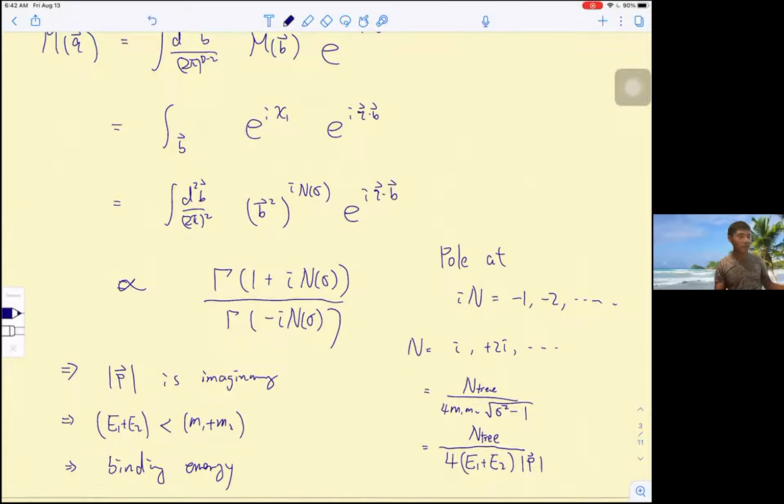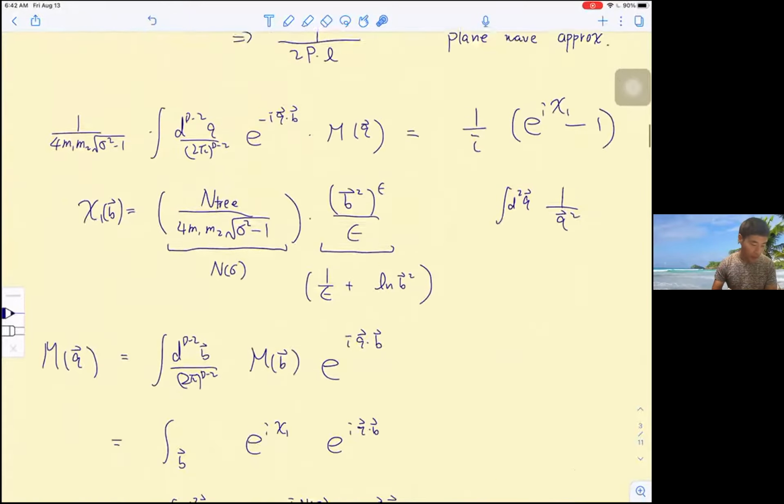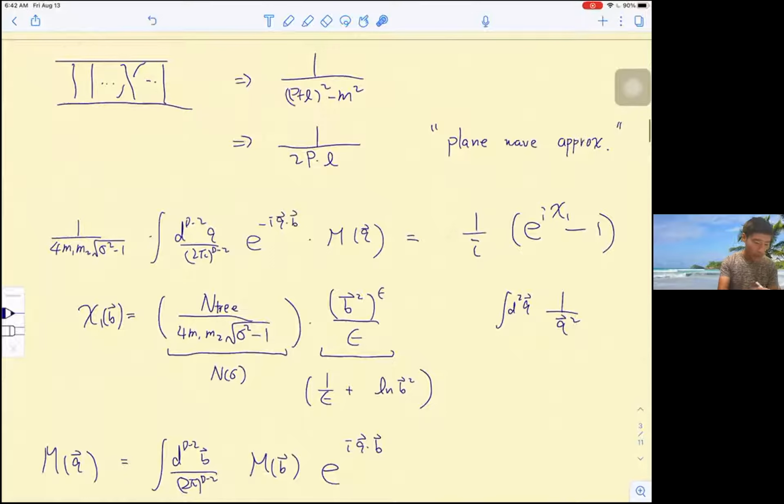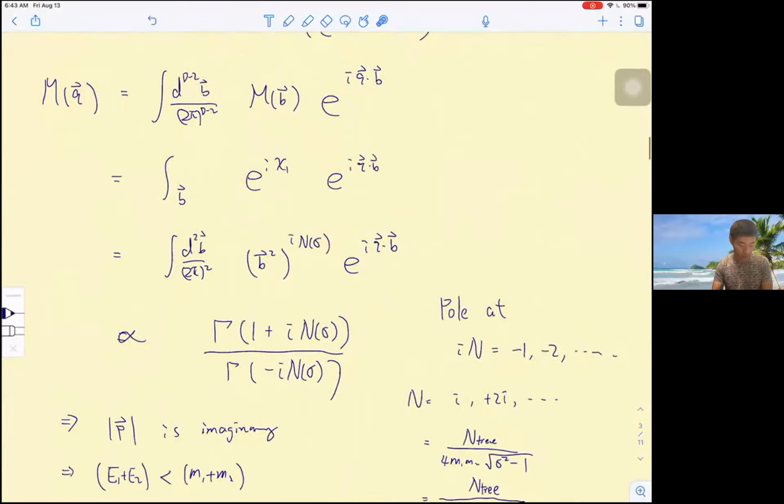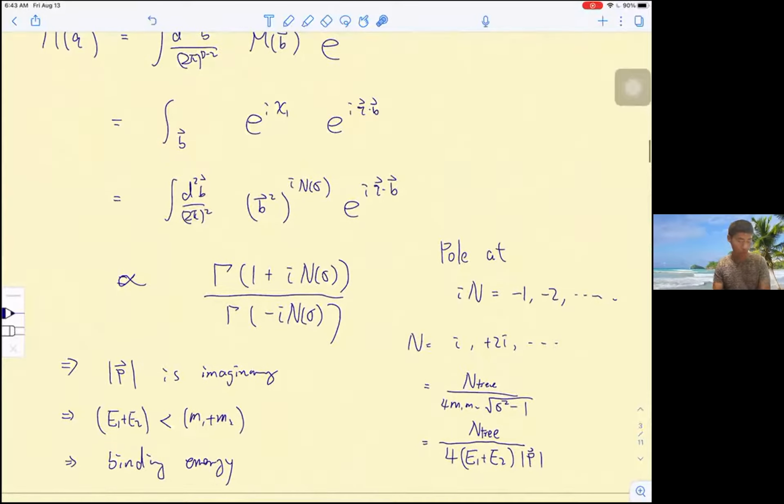This is something similar to what people in dark matter talk about as Sommerfeld enhancement, and these poles correspond to the binding energy because the total energy is less than the total mass. So we can see that by resumming these types of diagrams, we actually learn a lot not just about the scattering amplitude, but also get a hint about the binding energy.